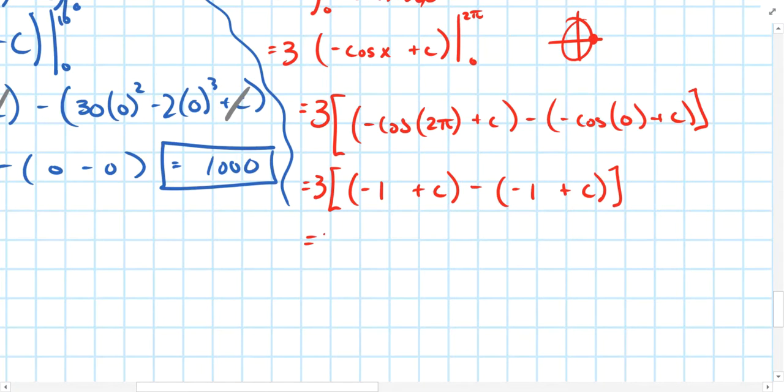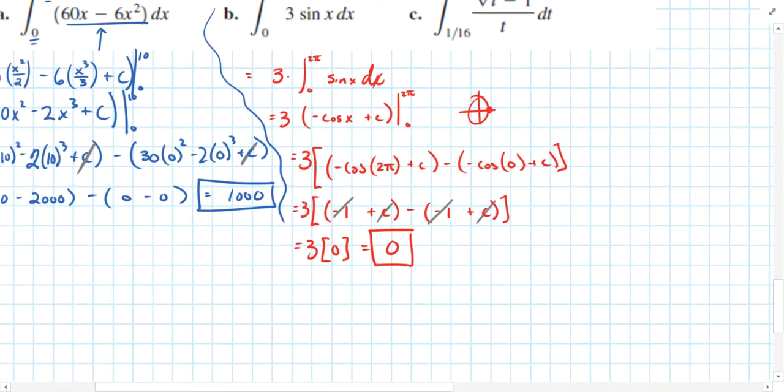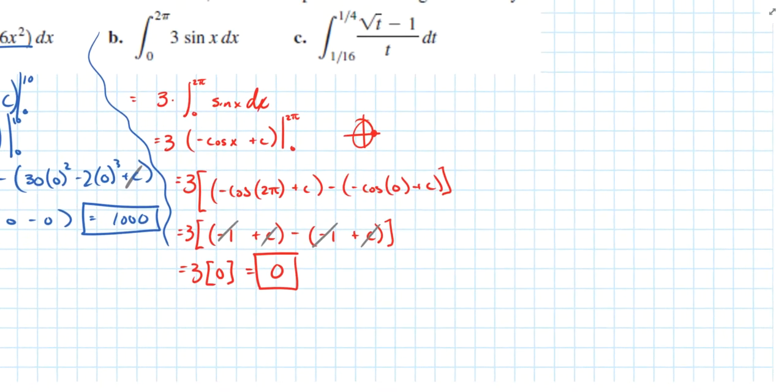And now we've got an interesting result. This negative 1 minus this negative 1 will cancel. This c minus that c will cancel. And now we're left with 3 times 0, which indeed is 0. So the accumulated area, or the accumulated change on 3 sine of x between 0 and 2 pi is going to be 0.